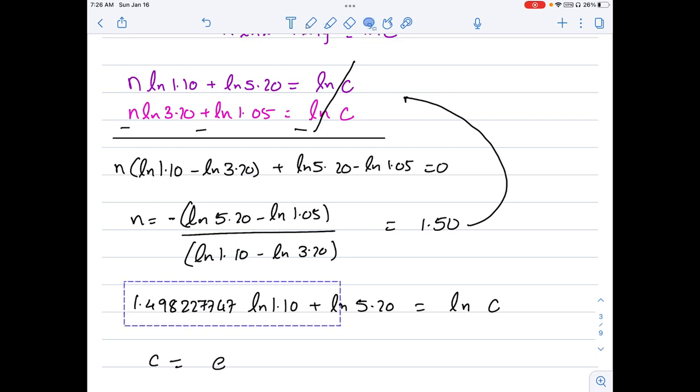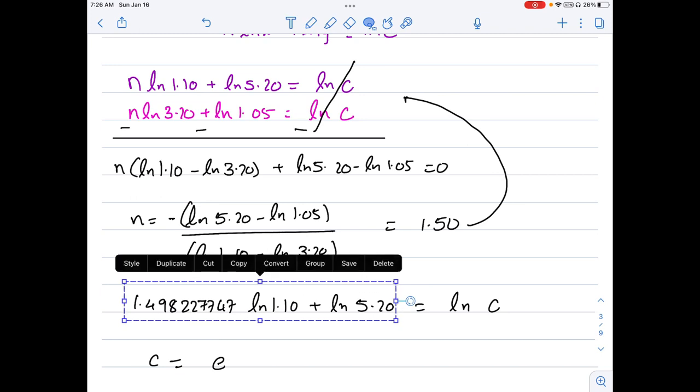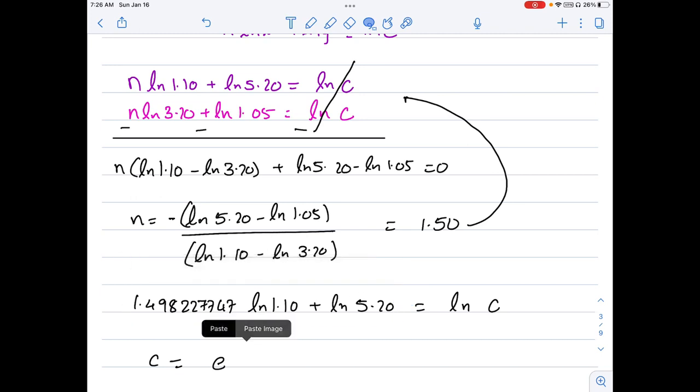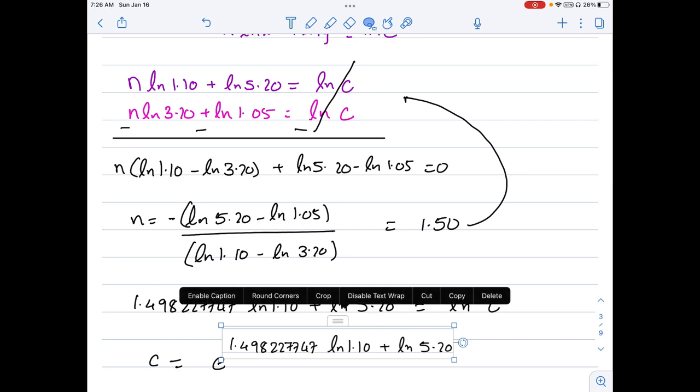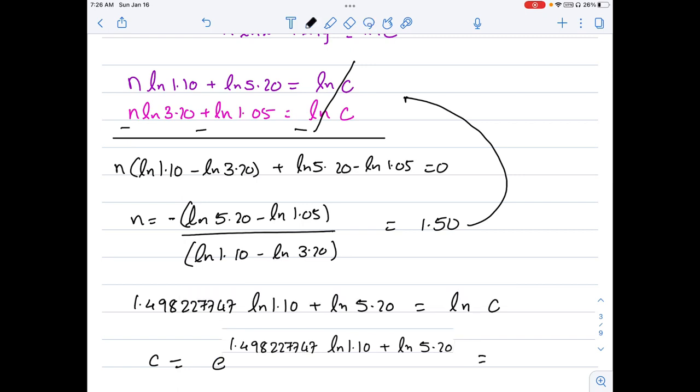Let me copy this one, e to the power of this. So I do e to the power of answer times ln 1.10 plus ln 5.20.